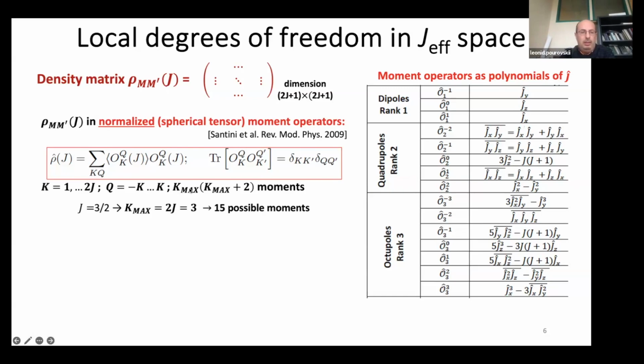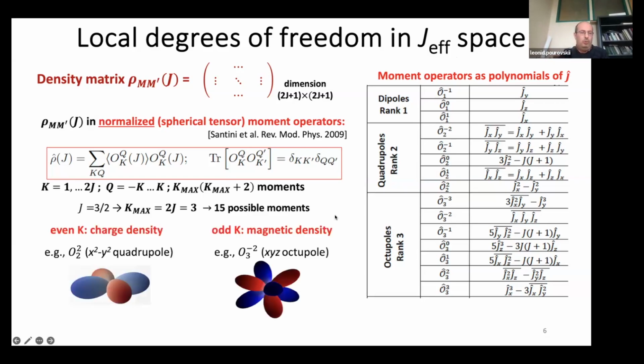Typically, the largest rank of multipole we can have for a given J is equal to 2J. So for example, for J equal 3/2 the maximum rank is equal to 3, which is octupole. And these operators, similar to spherical harmonics, form the basis of irreducible representations of the rotation group.